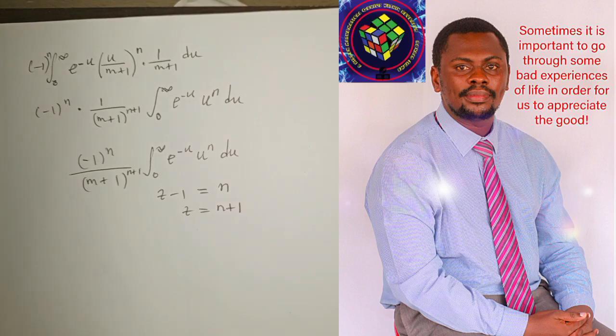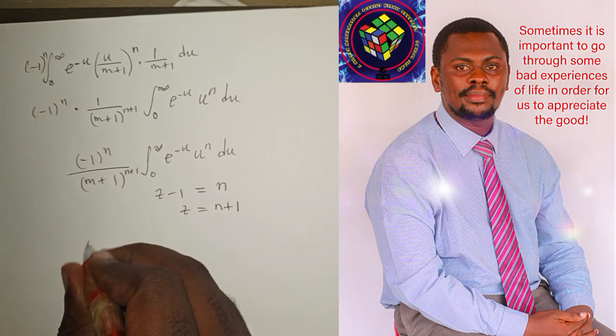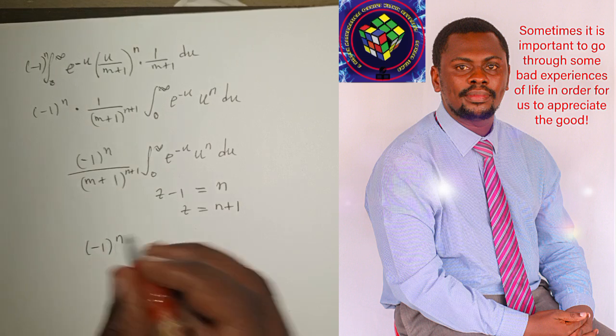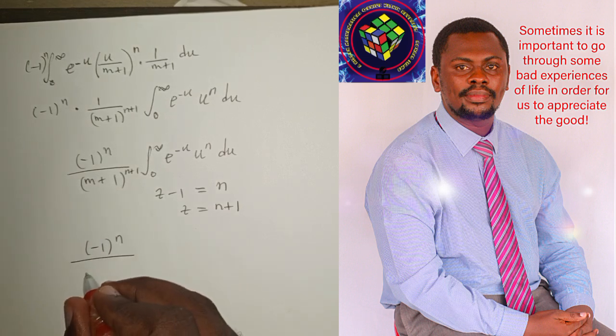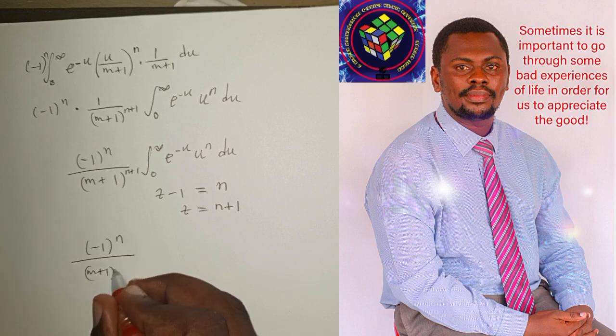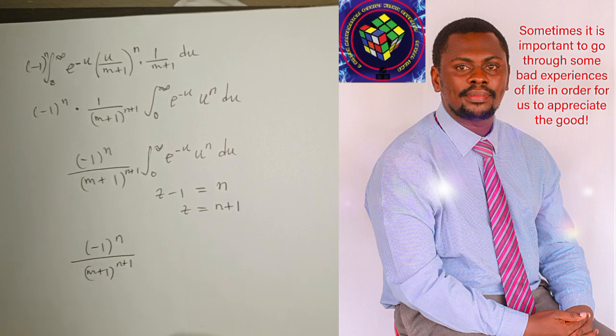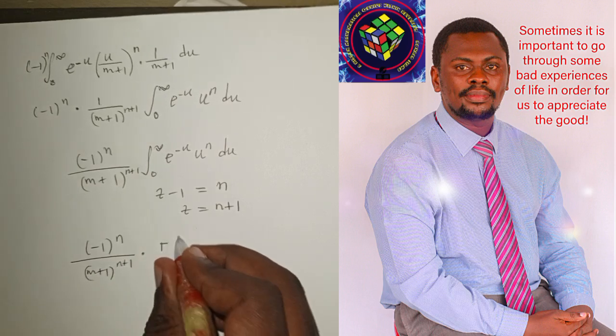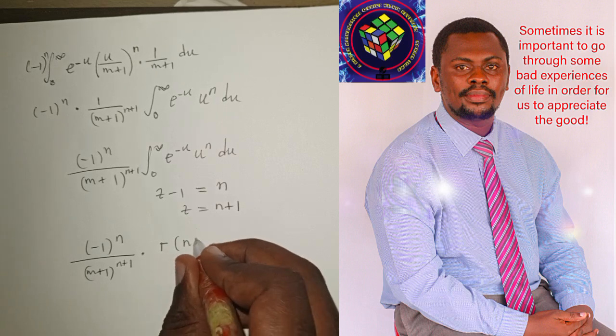You know that this integral is just gamma of z, and z is n plus 1. So we are going to have minus 1 to the power n over m plus 1 to the power n plus 1 multiplied by gamma of n plus 1.